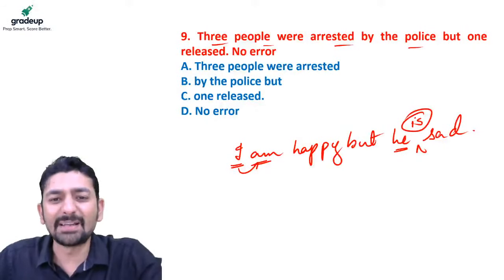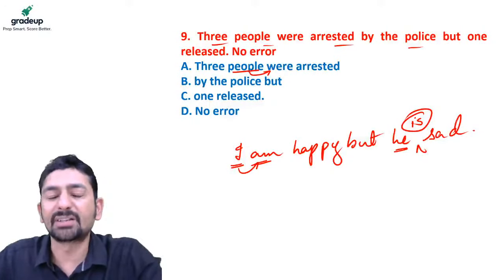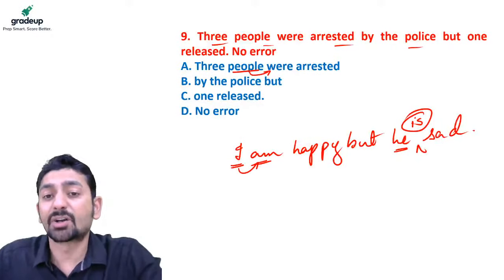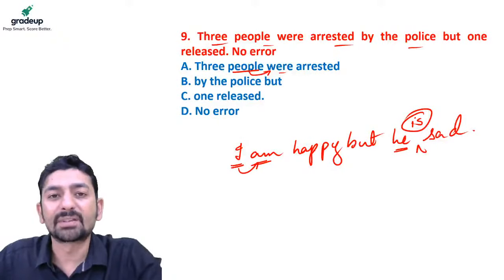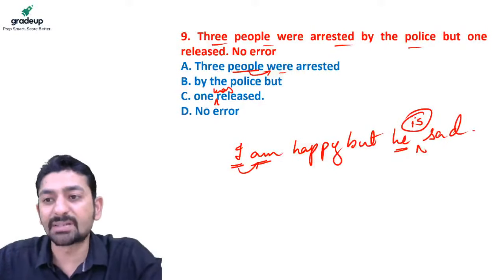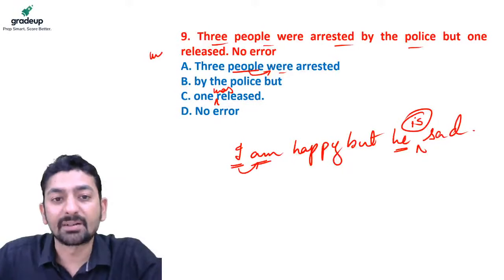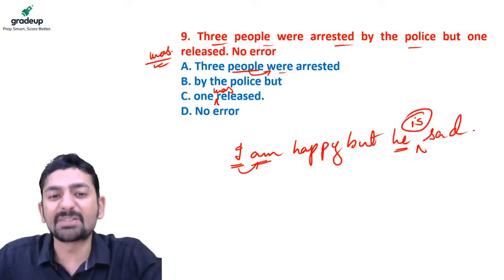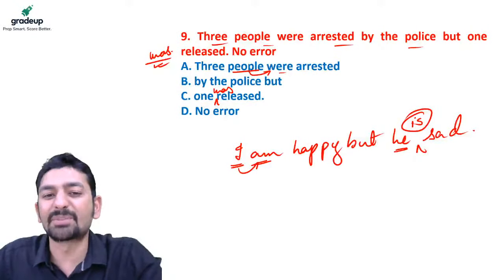Similarly, three people were arrested, so according to people, you've written were. Three people were arrested by the police, but one released? No, one was released. You have to put a was after one. So if the verb is missing, there is a problem of subject-verb agreement.